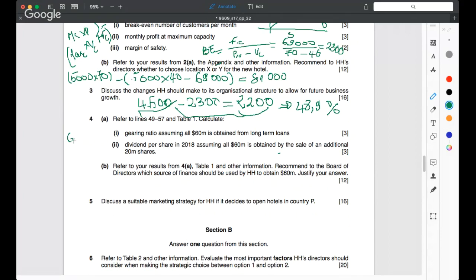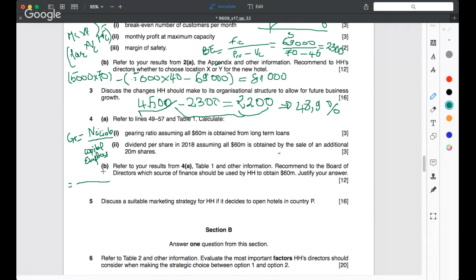Gearing ratio equals non-current liabilities on capital employed. So non-current liabilities, how much is it? 85.